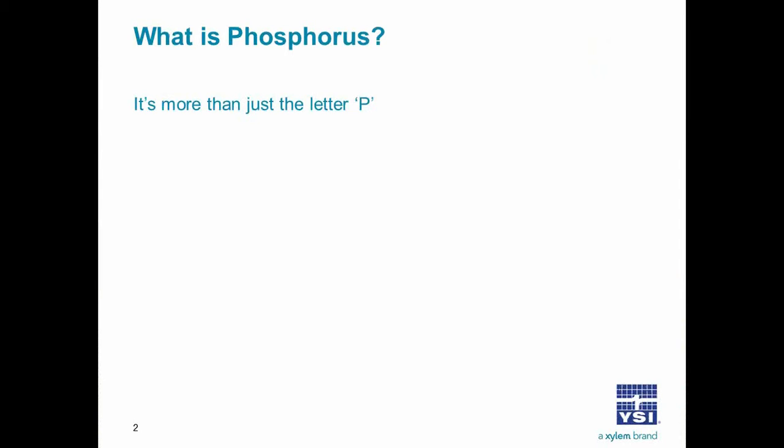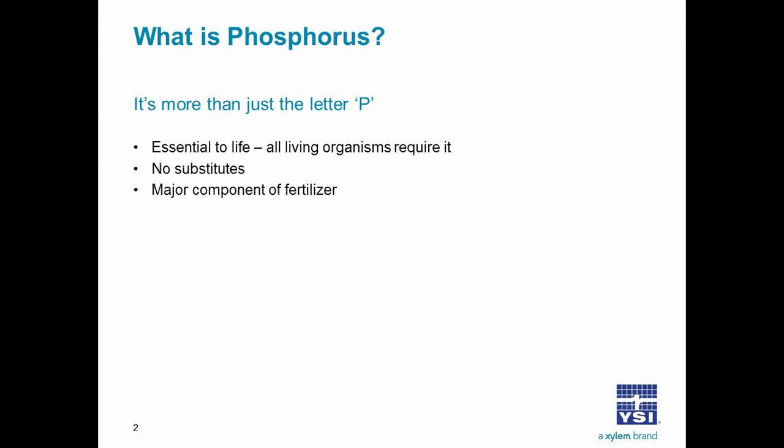So what is phosphorus? It's more than just the letter P, which is how I'll refer to it throughout the webinar. It's essential to life. All living organisms require it. There are no substitutes for it. It's a major component of fertilizer for plant growth, but it creates nuisance conditions in excess.